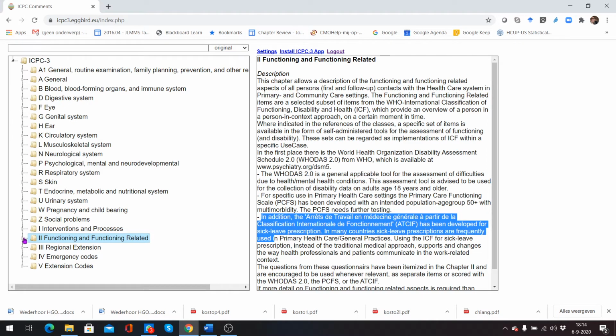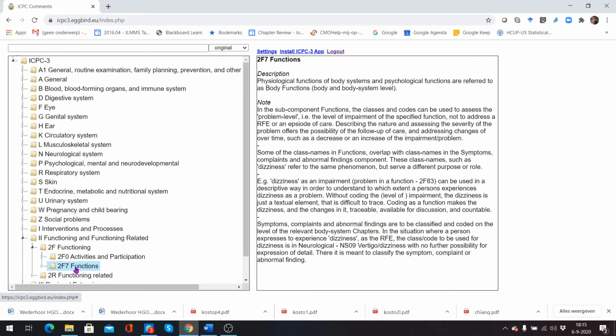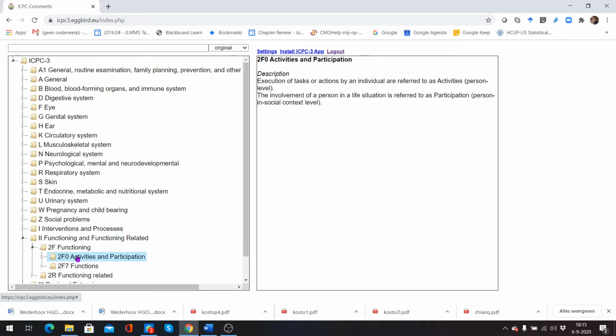Within the chapter, I click on it, there are two components. The 2F functioning component and the 2R component functioning related. First, we deal with functioning. Functioning of a person is determined by and depends on physiological functions, including the psychological functions, divided into classes 2F71 to 2F99, and by the performance of tasks or actions by that person, the classes under activities and participation.